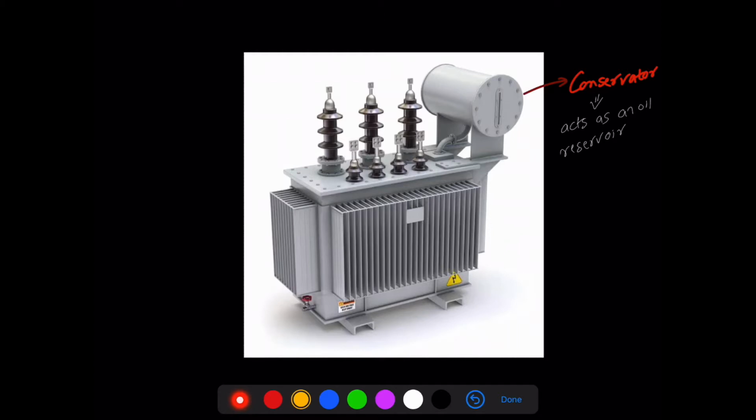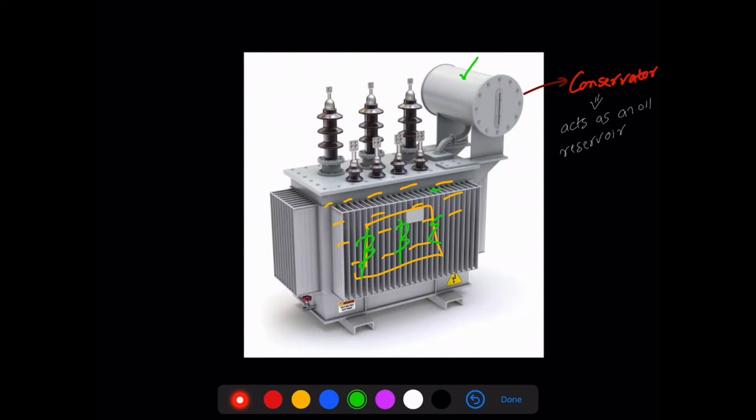This main tank is basically filled with oil. You definitely know this, and the winding is also housed inside the main tank, right? So whenever the load is connected, the heating will happen and this oil is going to expand, and for the expansion it definitely needs a secondary space which is provided by the conservator.